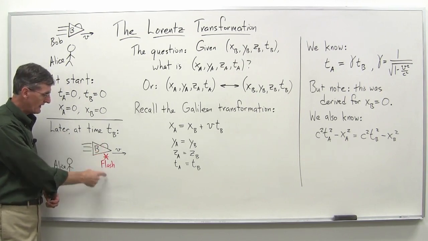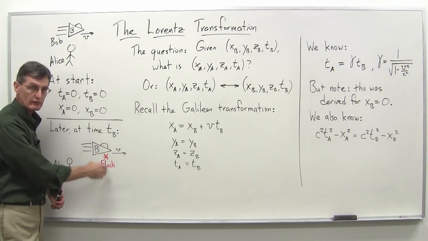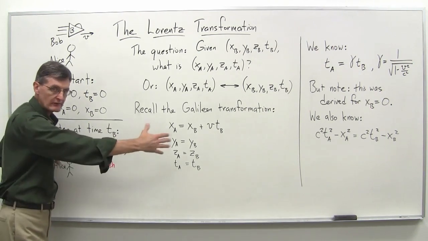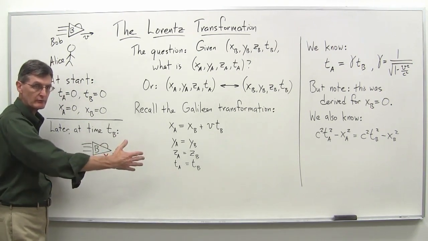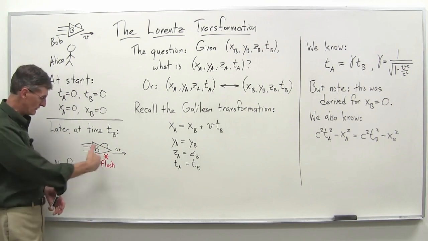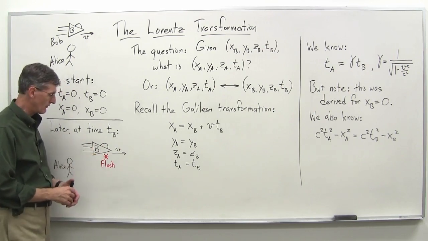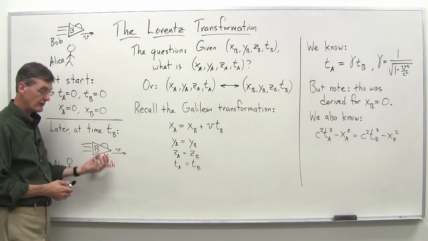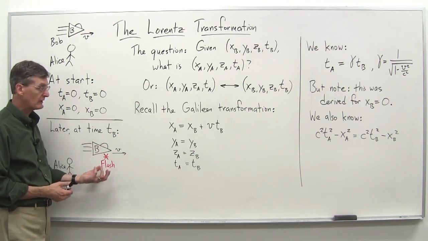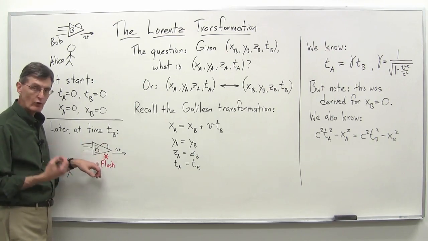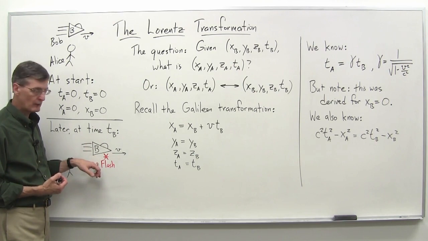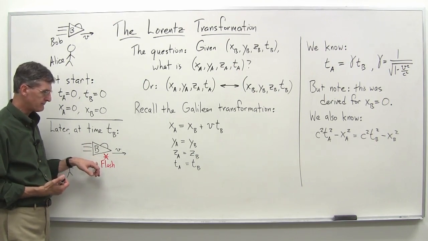So in other words, that is occurring at xb equals 0. Because remember, he's carrying along his lattice of clocks with him, his measuring system with him. As far as he's concerned, he's at rest, and Alice is going backwards there. And therefore, if he sees a flash of light right next to his cockpit, the x location for him, x sub b, would be 0 at that point.